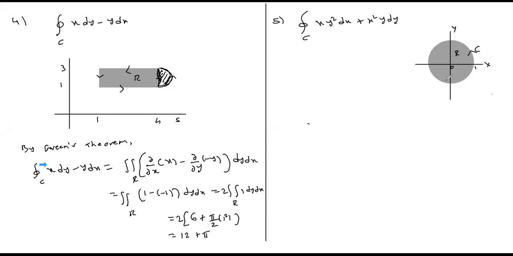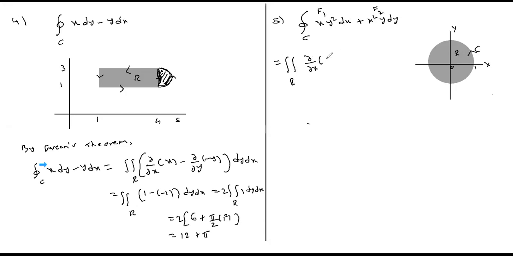Again, because it is a simple closed curve in the xy plane, I can use Green's theorem and say that double integral over R of dou f2 by dou x. Again, what is f2? Coefficient of dy is f2, coefficient of dx is f1.